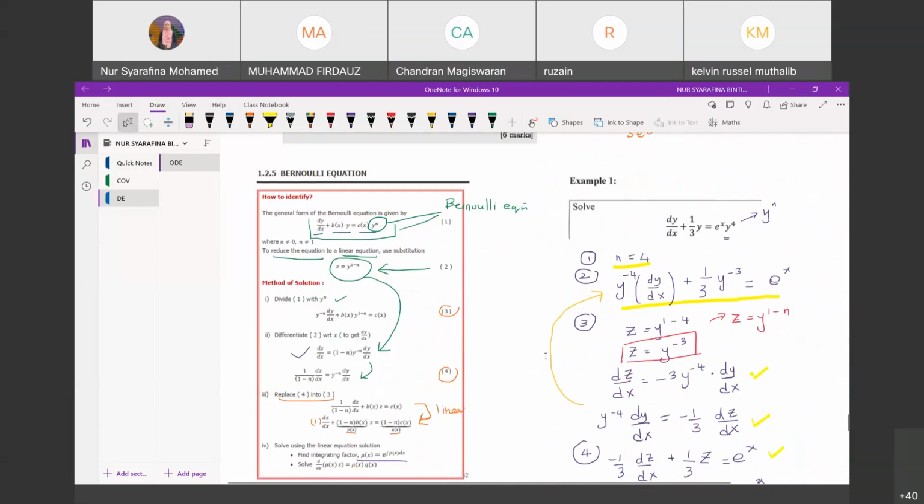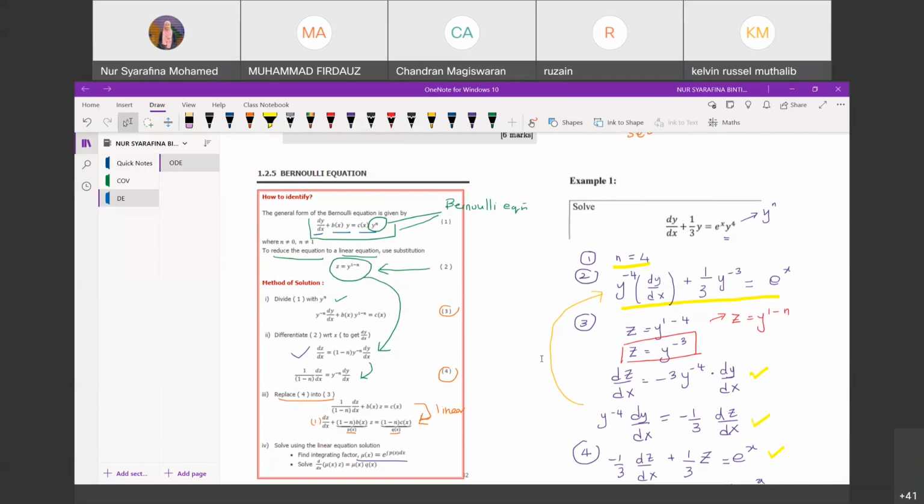It is related to linear, but you need to reduce to linear first by using the substitution of z equals y to the power of 1 minus n. So basically, as you can see from these five types of differential equation, separable and homogeneous are relatable, and linear and Bernoulli are also relatable.